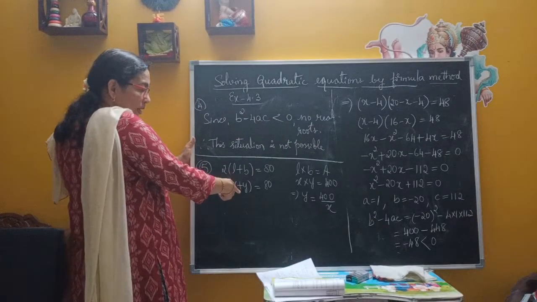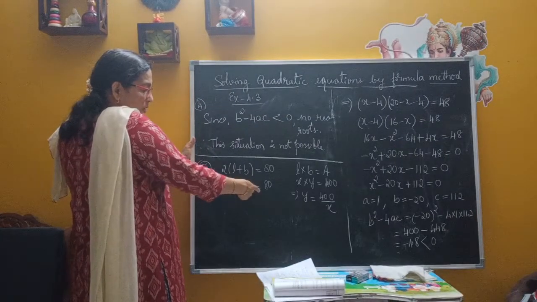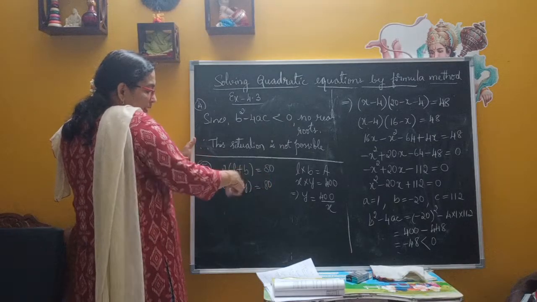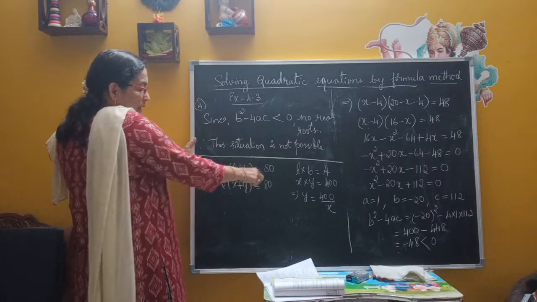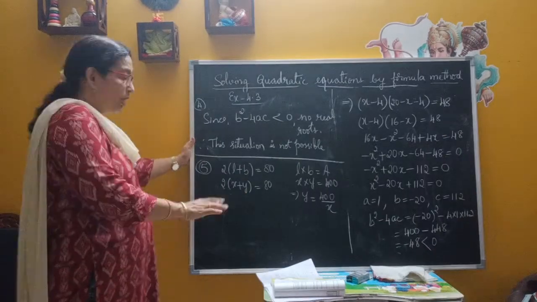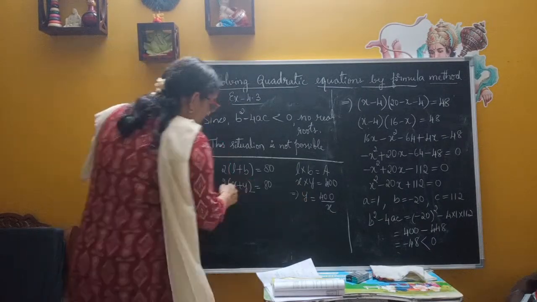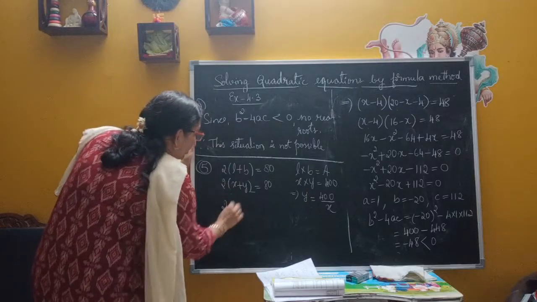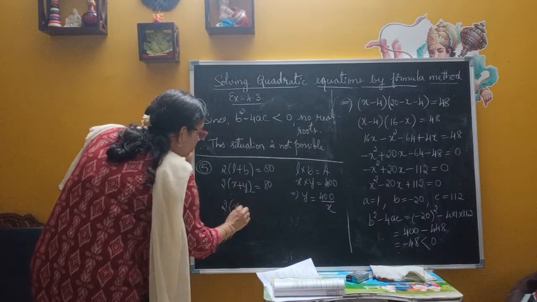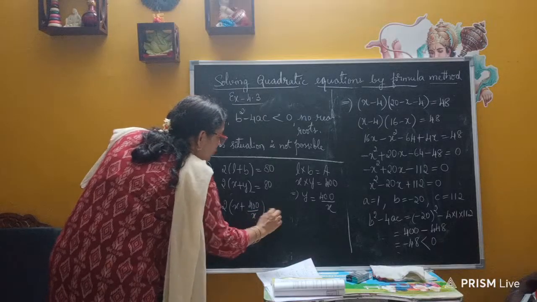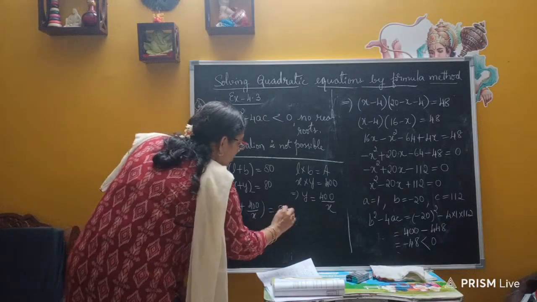Or here also you can take 2x plus 2y is equal to 80, so 2y is equal to 80 minus 2x, then 80 minus 2x by 2. Either you can simplify this or this. Now I substitute this here. What do I get now? 2 into x plus y, x plus 400 by x is equal to 80.